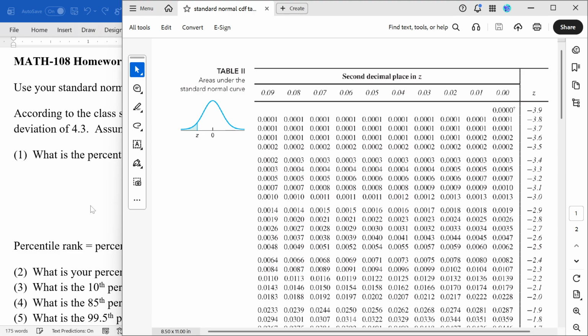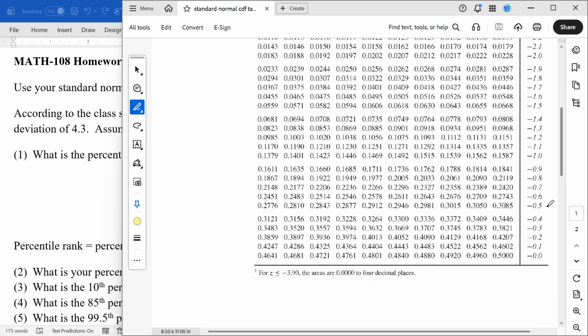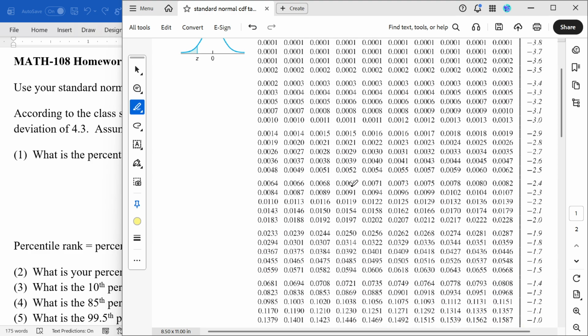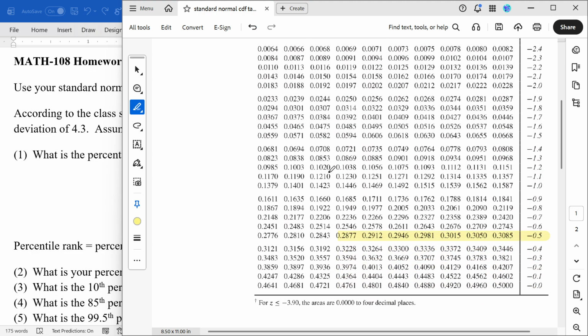So we just look up that z-score in the table here, and that is exactly the percent of the data that should be less than that z-score. So we're looking for negative 0.5. And let's see, it goes from the left. This is negative 0.50, 0.51, 0.52, 0.53, 0.54, 0.55, and this one should be 0.56. Let me make sure. Yep, there's the 6.